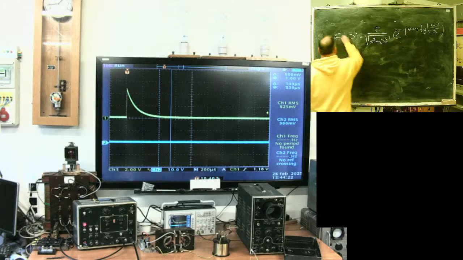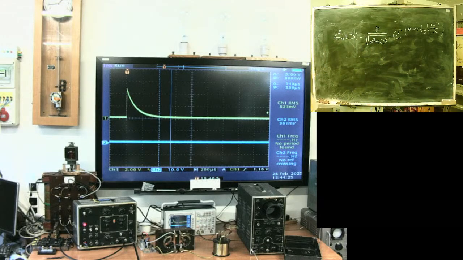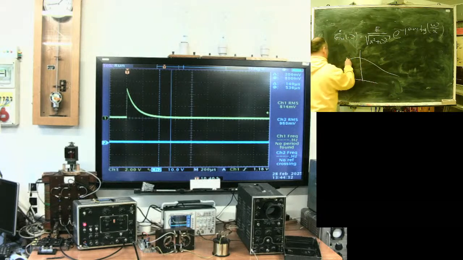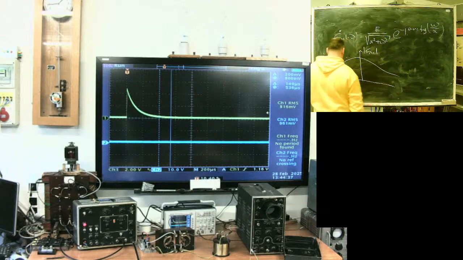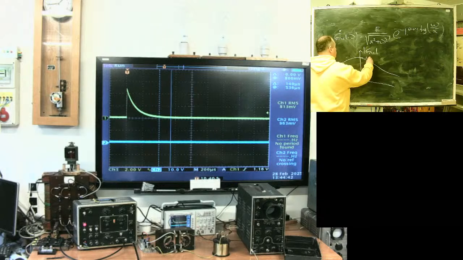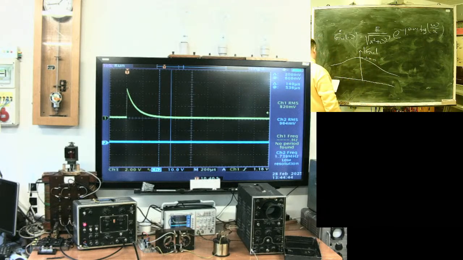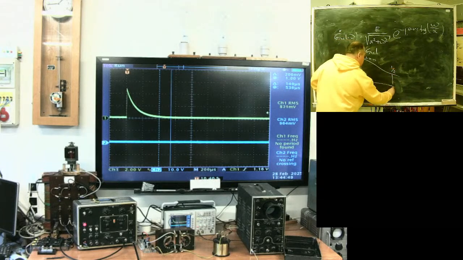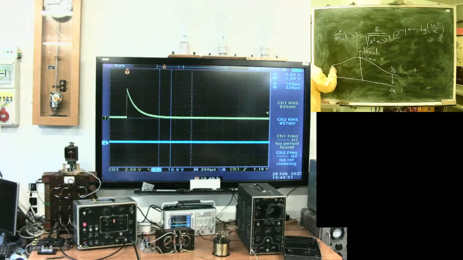I can draw the magnitude. It will be something like this: 1 per unit at 0, and 1/2 corresponds to alpha, and 1/2 is approximately minus alpha.